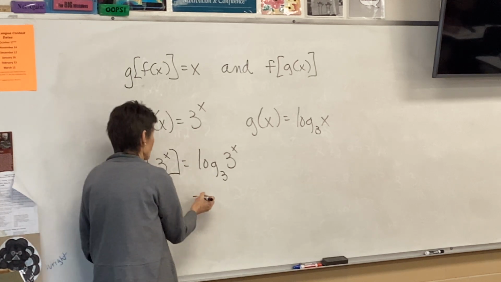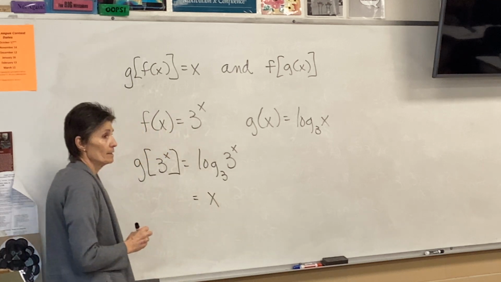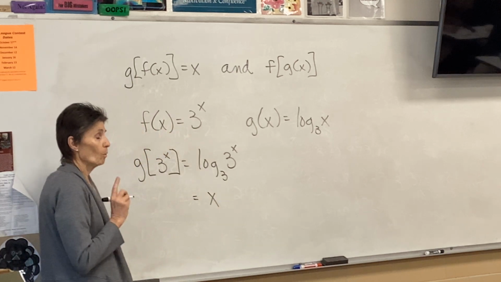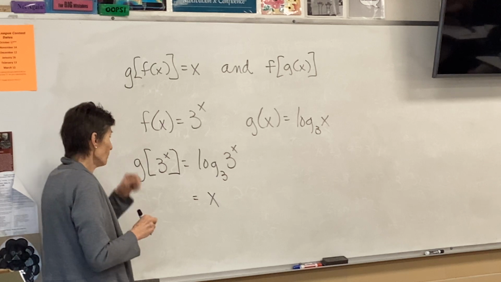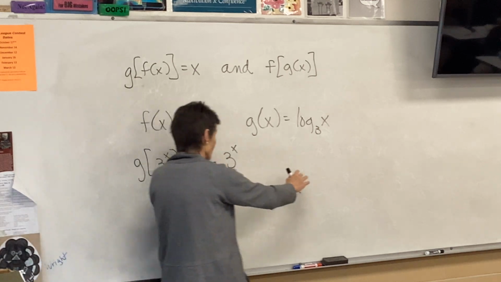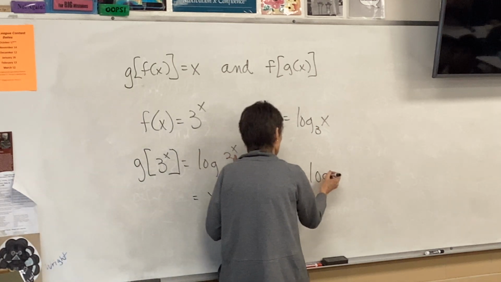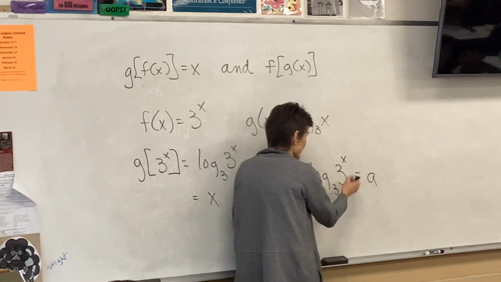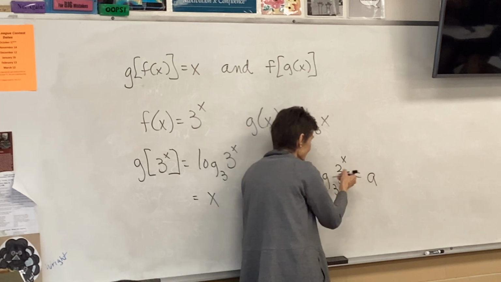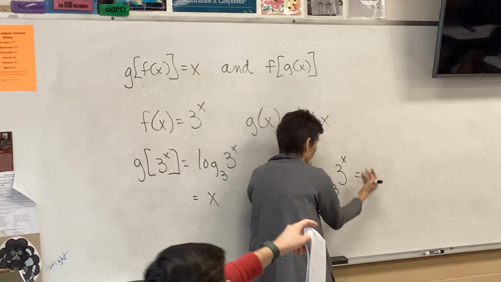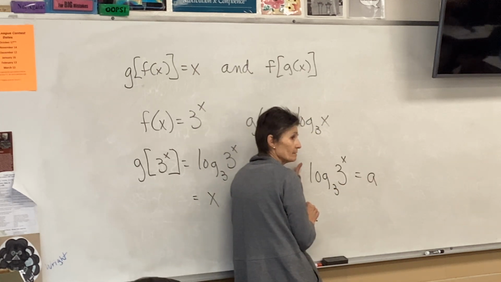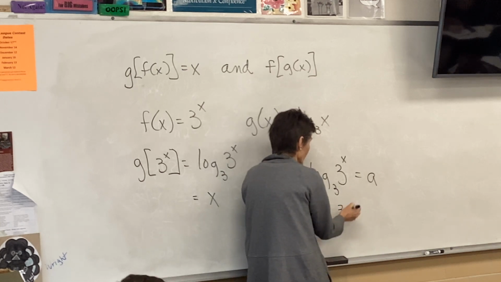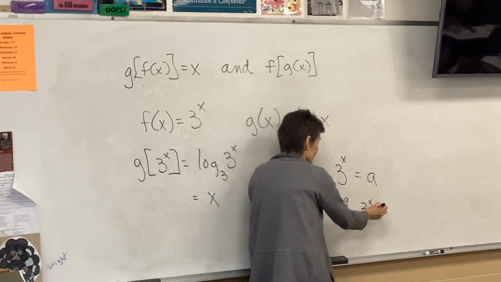That actually equals x. Now, why? Why does that equal x? Well, let's pull this off here for a second. Suppose you had this, and you wanted to know what that equals. I don't know what that equals, so I'm going to set it equal to a. Then if I log roll it, look what it says.